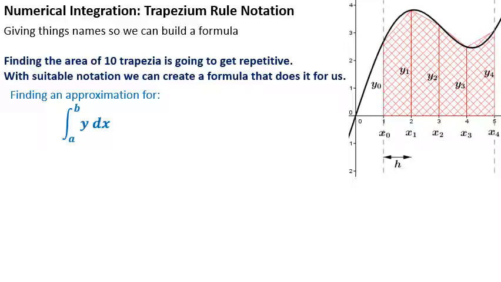You might notice the numbering. This will remind you of how it works in programming if you've done anything with code. x0, x1, x2, x3, and x4 correspond to the 5 ordinates, but starting from 0. So indexing at 0, so your very first term is the 0th term, can lead to a bit of confusion. We have 4 strips. You can see the 4 different trapezia, and yet there are 5 ordinates.